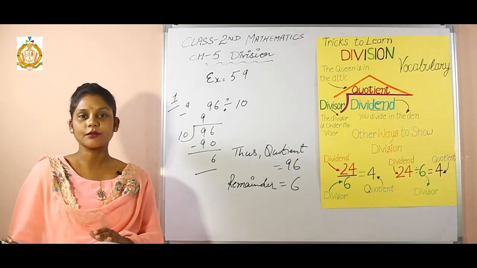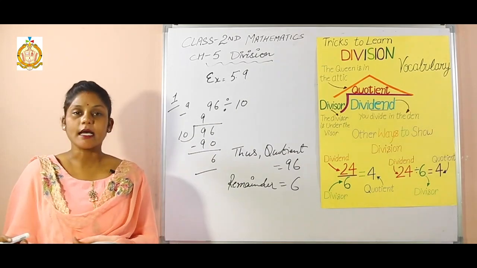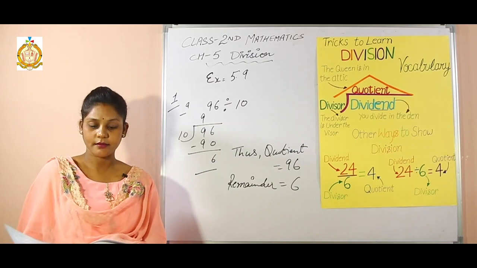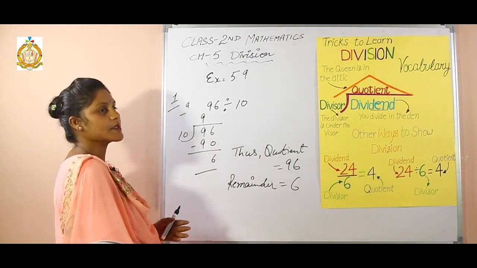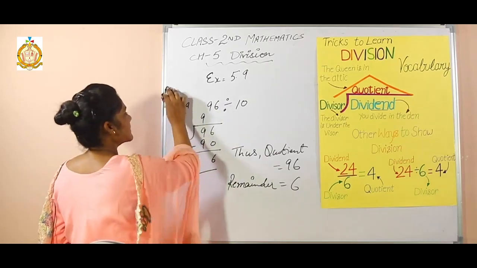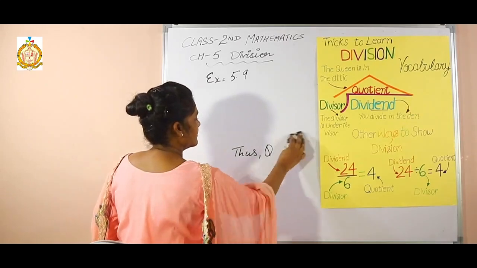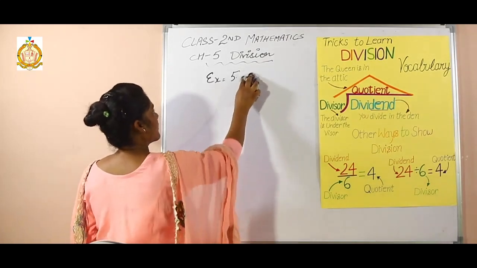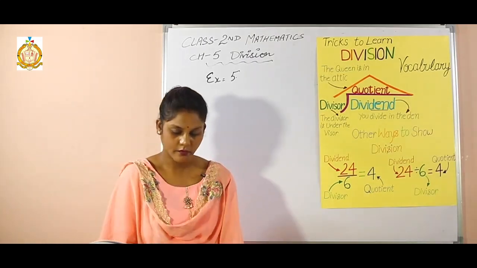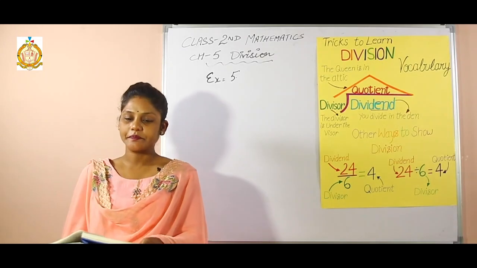So I want to discuss with you the very last exercise, 5.10. I want to erase the board first of all, then I want to discuss exercise 5.10. So open page number 117.